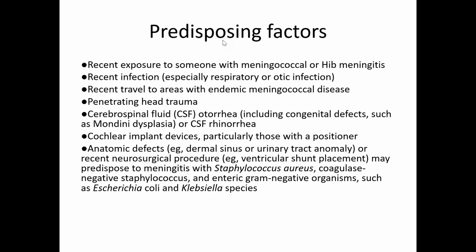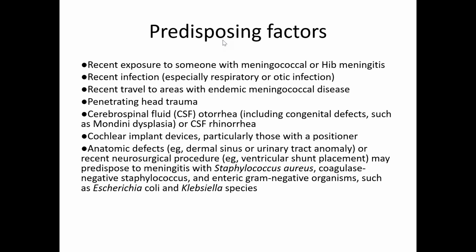In all these conditions, there is a leak of the CSF, and the organisms get access to the brain parenchyma, and obviously then there can be features of staphylococcal meningitis and abscesses in the brain.